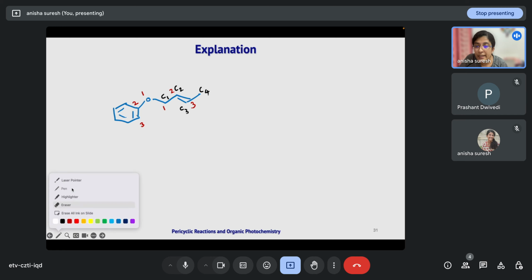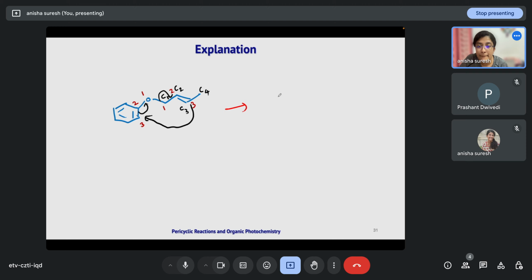Now it can undergo a Claisen rearrangement resulting in the formation of double bond O. So this is C4, this is C3, C2, C1. Okay.